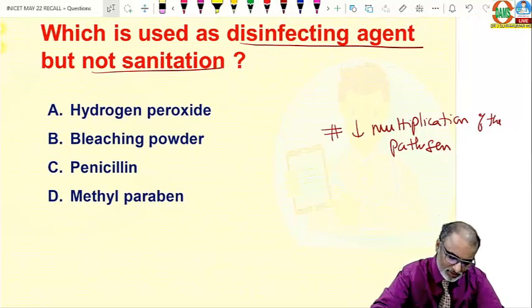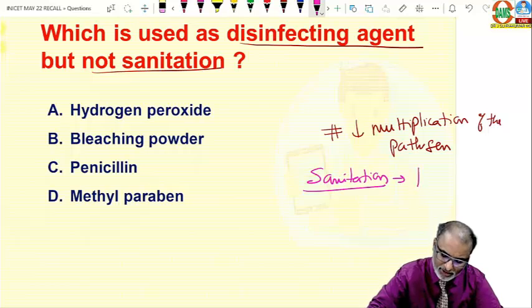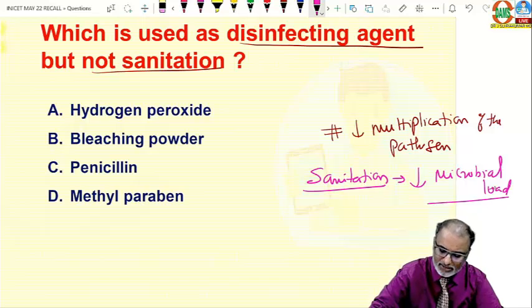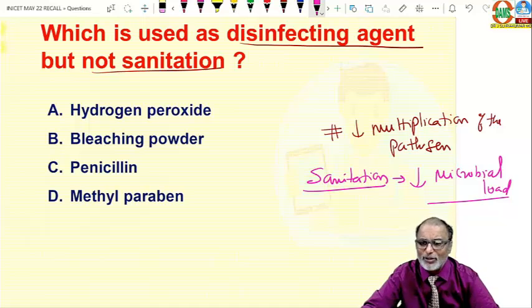What is sanitation? Agent which reduces the microbial load. 10,000 becomes 7,000, 6,000, that is sanitation.